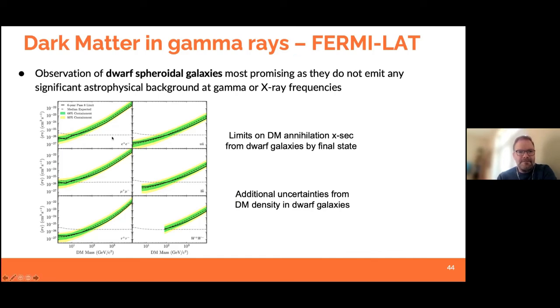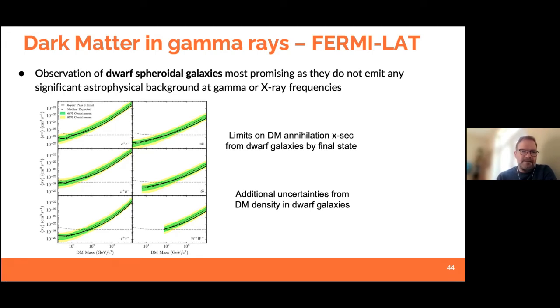From top to bottom, left to right, it goes into electron-positron pairs, muon anti-muon, tau-tau, so on the left are the leptons. On the right you have UU bar, so light quarks, b b bar in the middle, and at the bottom WW, which is only possible once your dark matter mass is larger than the W.